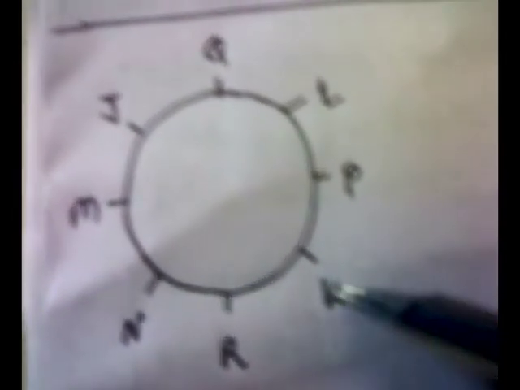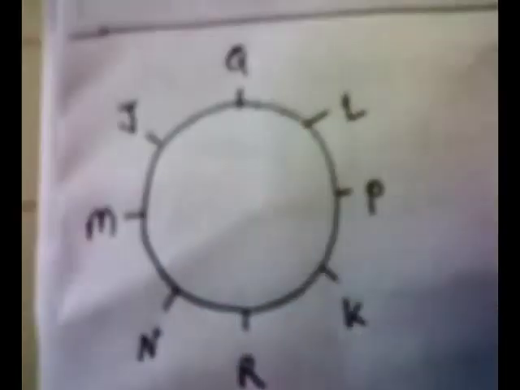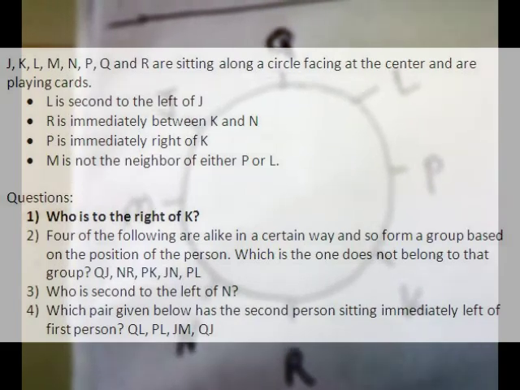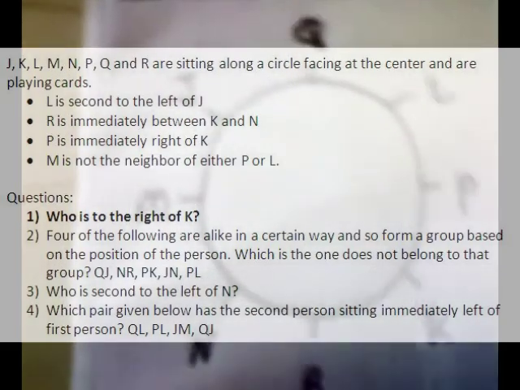In this circular arrangement, N, R, K, P, L, Q, J and M. Okay, now read out the first question. The first question says, who is to the right of K?